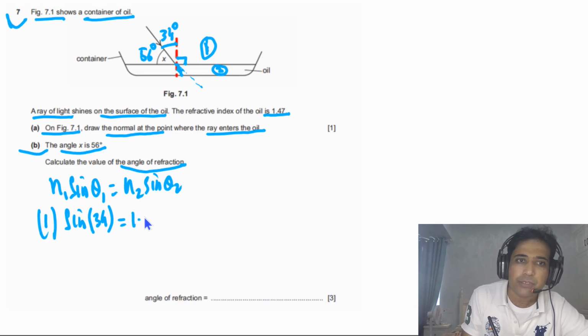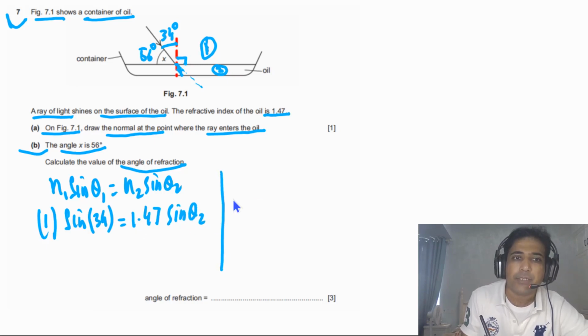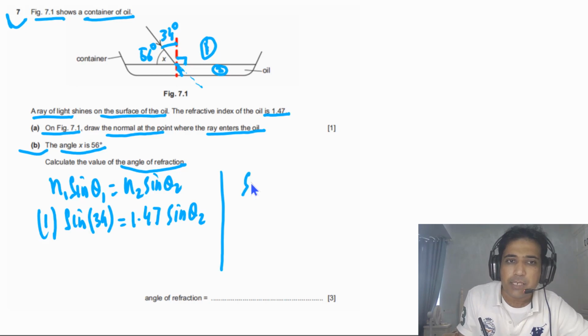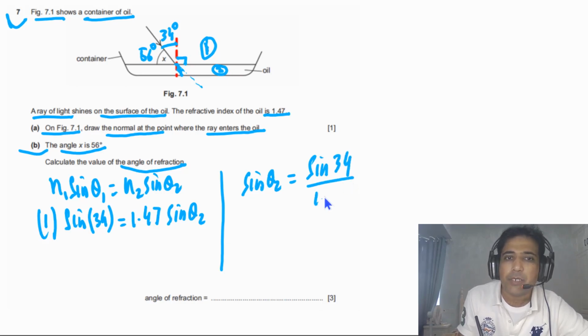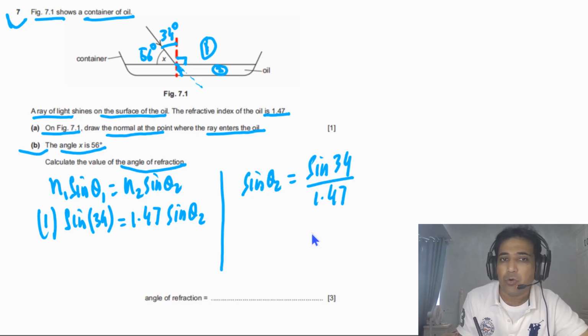N2 is given to us, this is equal to 1.47. So we have to find sine of theta 2. If we simplify, sine of theta 2 will be equal to sine of 34 degrees divided by 1.47. So sine of theta 2 has to be smaller than sine of 34.